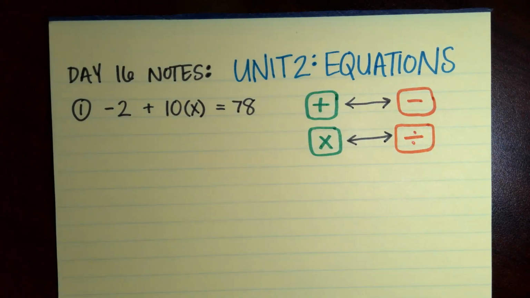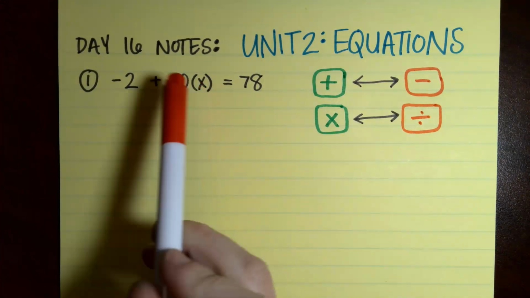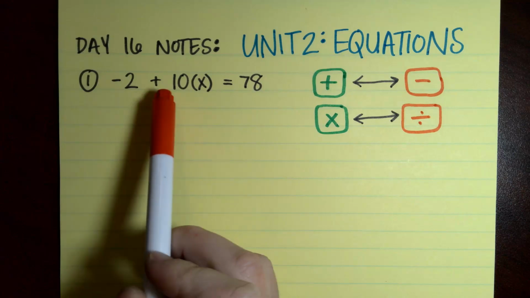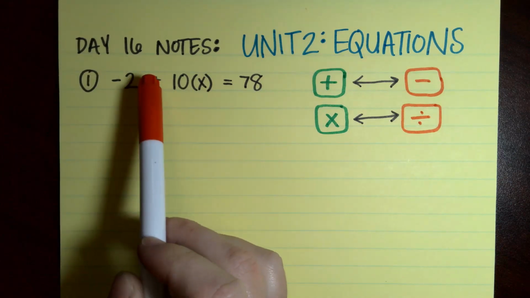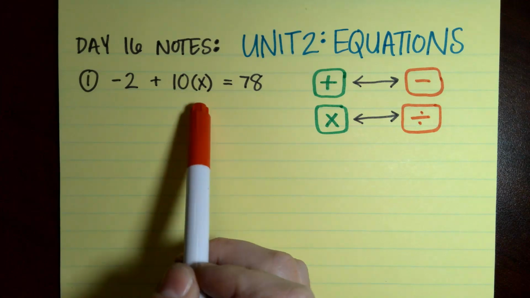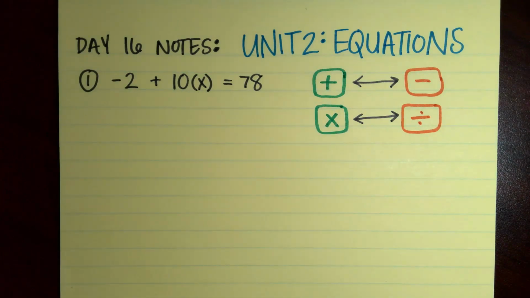All right. And then the other thing we need to remember is if we have more than one operation in an equation, like in this one, we have an addition problem where we add a negative and we have 10 times something. So we have multiplication. Normally we do the order of operations, which tells us that we would do multiplication first and then that addition or subtraction.